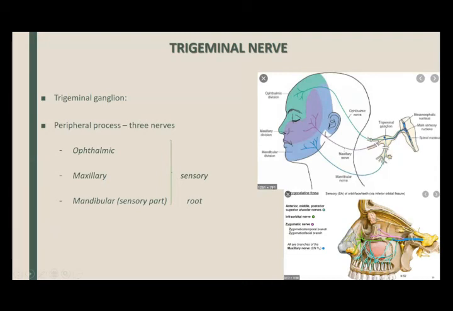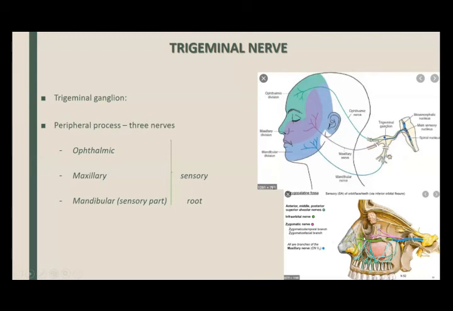Sensations from the forehead are carried by the ophthalmic division, which is a sensory nerve. Sensations from the area around the maxilla, this purple area, are carried back by the maxillary division.